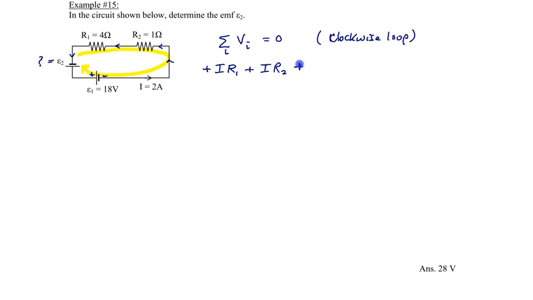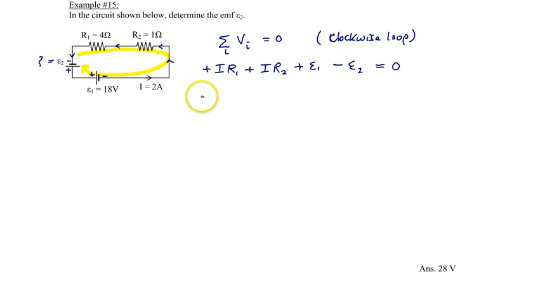So that is a positive EMF 1. And lastly, as you go over this battery, you're going from the positive to the negative, and in this particular case, you're going downhill. And so then you have a minus EMF 2. And all of these voltages will add up to 0 if you start and end at the same point, by the conservation of energy.